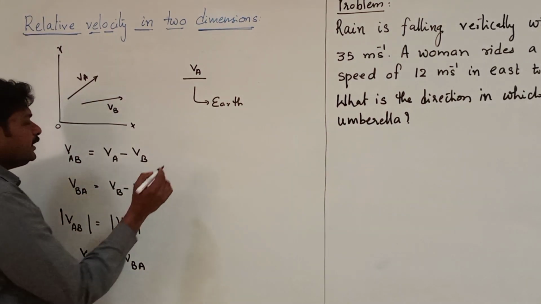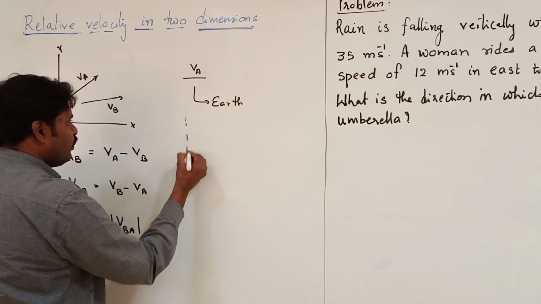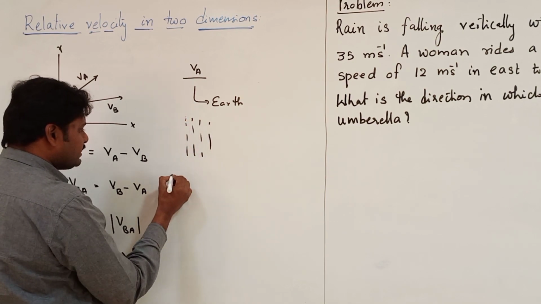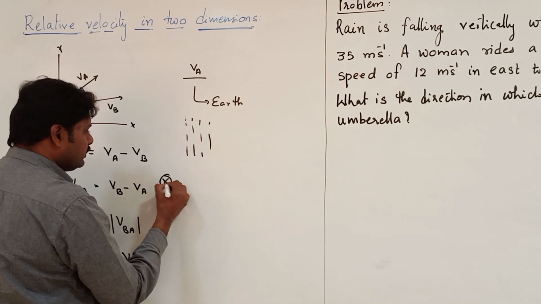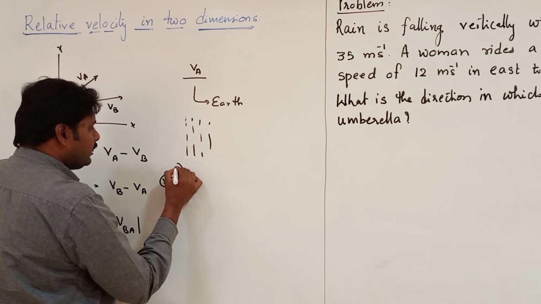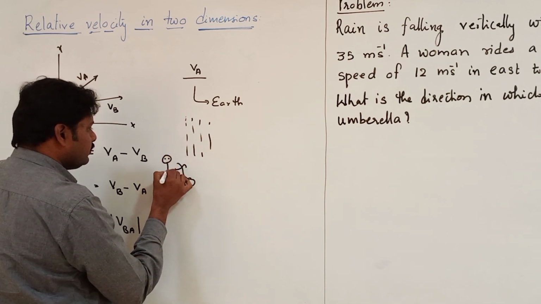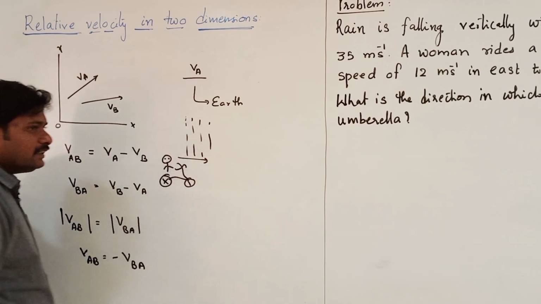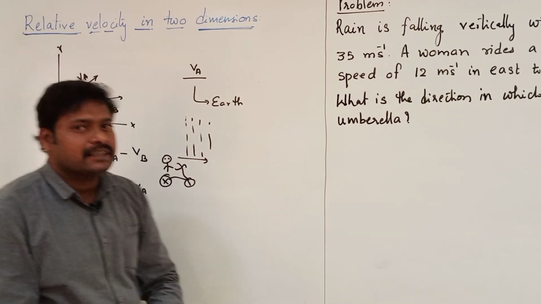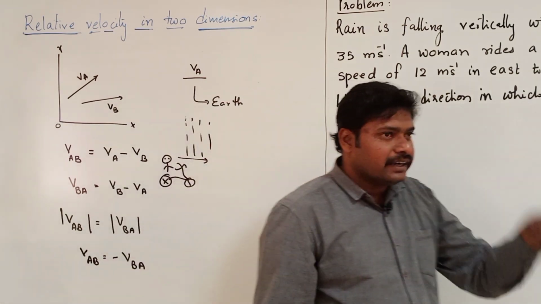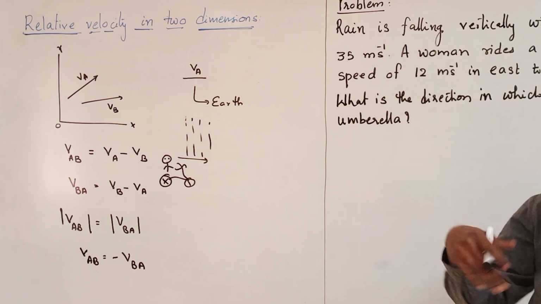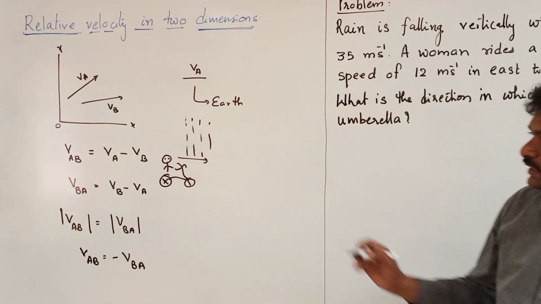And suppose rain is falling down and a person rides a bicycle against the rain. Now, what we feel is that the rain is striking us, but really the rain is falling down. The rain speed with respect to us can be calculated.